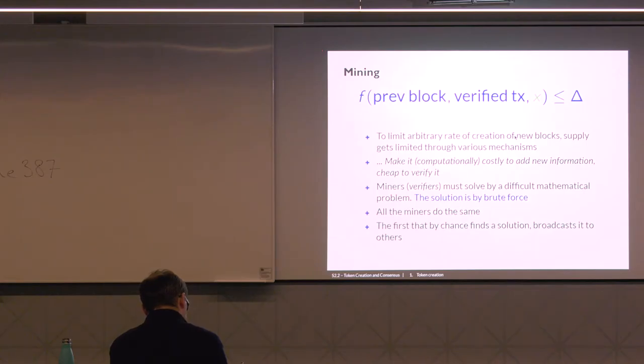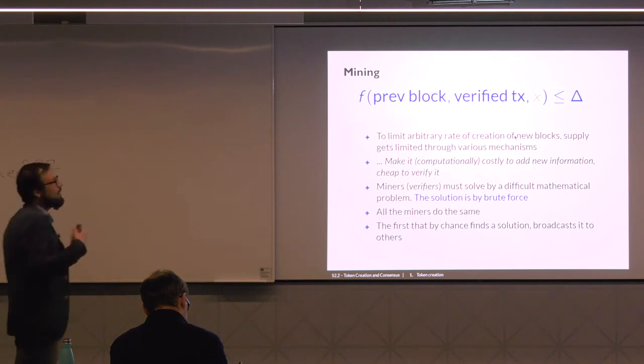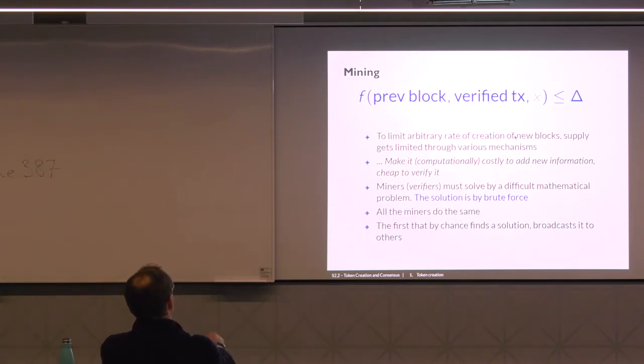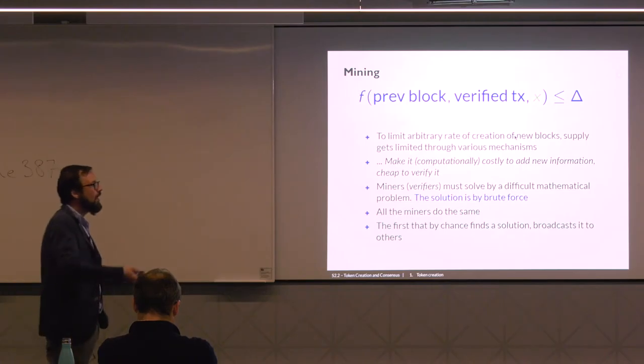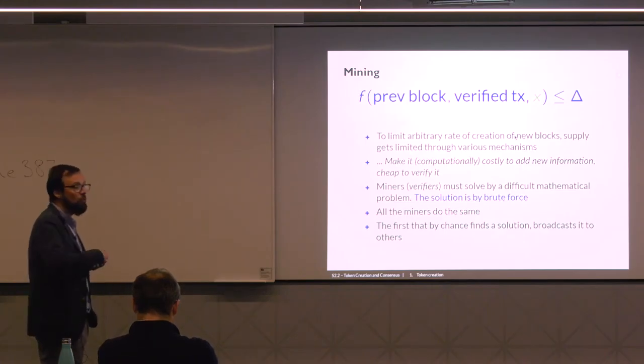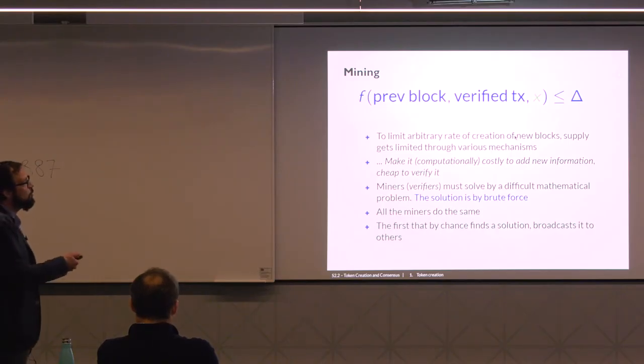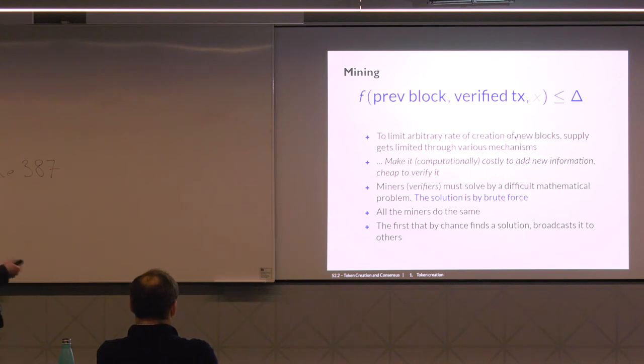And therefore, you see that the probability of a single node finding a solution to this problem is proportional in some way to the computational power that they have devoted to solving this problem. So the more computational resources you put inside of the system, the more likely it is that you are going to find the solution with respect to everybody else. If I have a supercomputer and everybody else is mining with their mobile phones, most likely I am going to be able to try many more solutions, and then I am more likely to find it before everybody else.